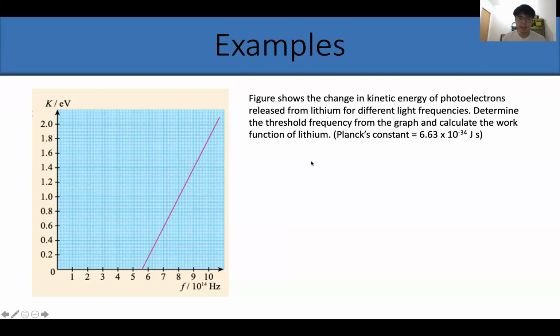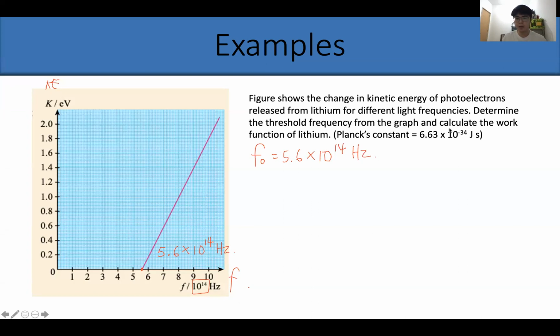Okay, so we get the threshold frequency, the x-intercept. So we have the kinetic energy against the frequency graph, right? So the x-intercept is the threshold frequency. Now this one is about, okay, we just approximate about 5.6 times 10 to the power of 14 hertz. So our f naught is 5.6 times 10 to the power 14 hertz.